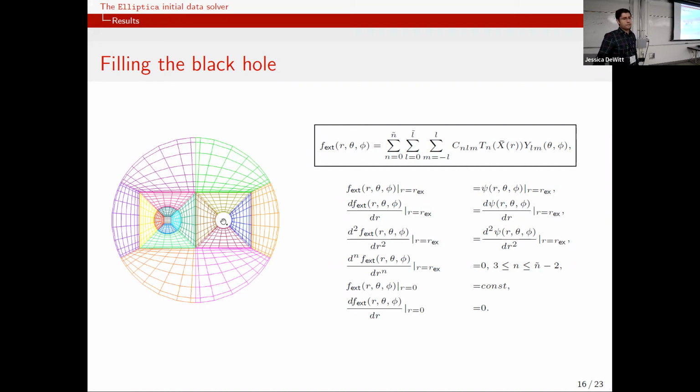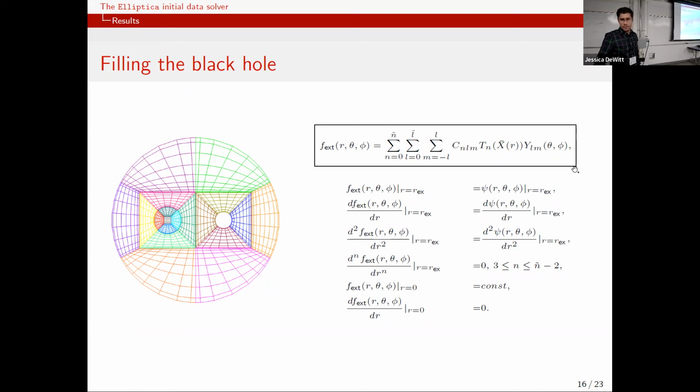So to do that, we fill this area with some data, and the idea is that we extrapolate the fields that we have around the black hole to the inside of the black hole.